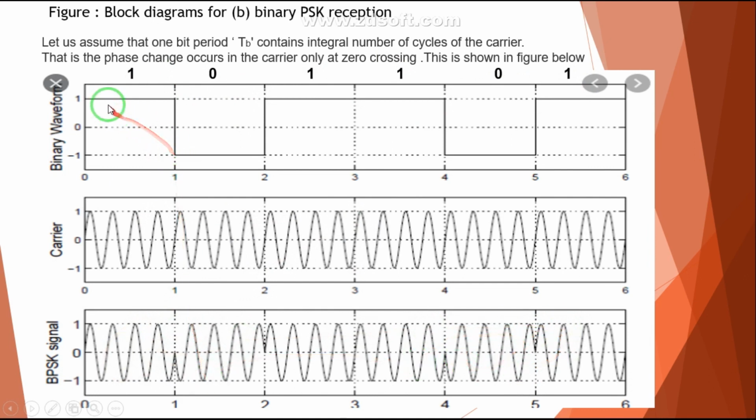So you can see that at every transition from 1 to 0 or 0 to 1, there is a phase shift. But if the symbol 1 1 is there, no phase transition is there. Again, at the transition from 1 to 0, a phase transition has taken place at this instant and at this instant also.